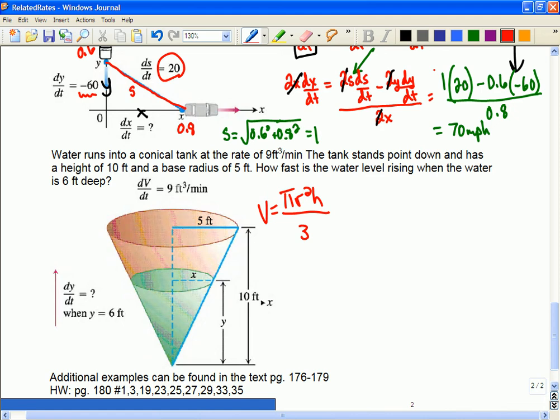Now, what we'll do is differentiate with respect to time. So I'll get 2r dr/dt plus, let's see, r squared dh/dt.